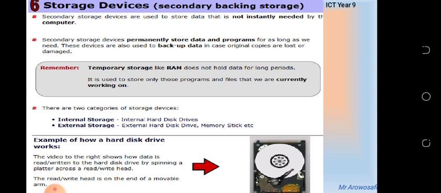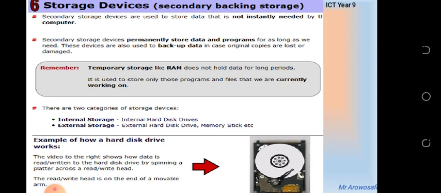If you want to back up your document and you don't need that document presently, you can back it up for future use. So the device that you are going to use is what is called secondary backing storage. It's one of the examples of external storage.